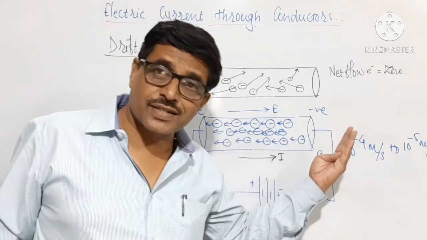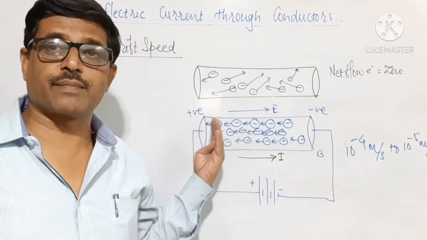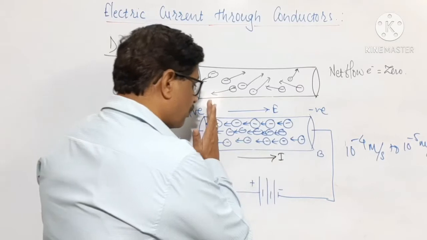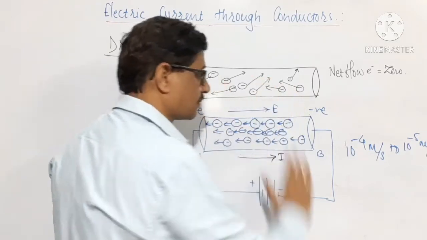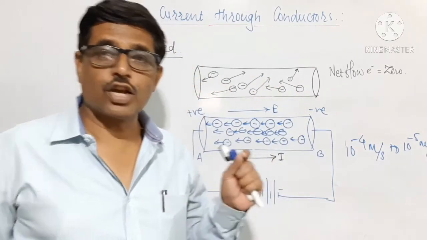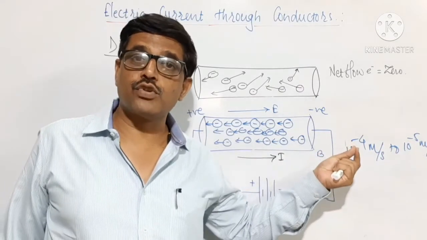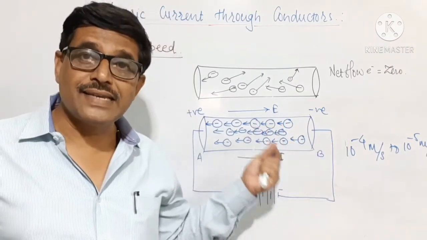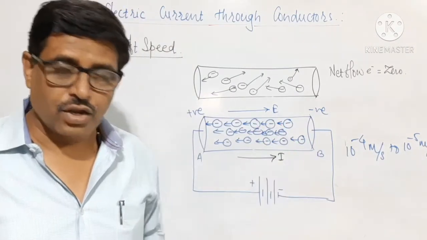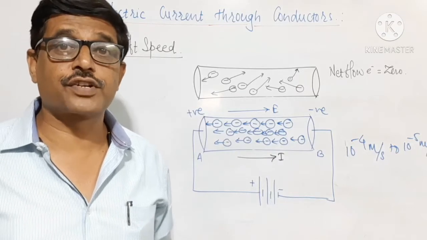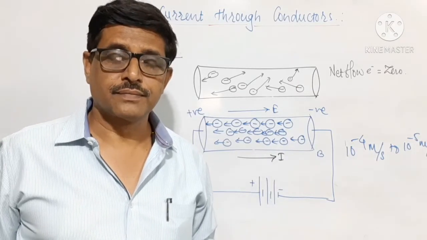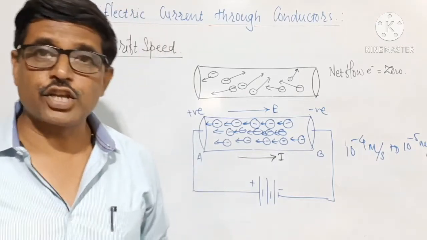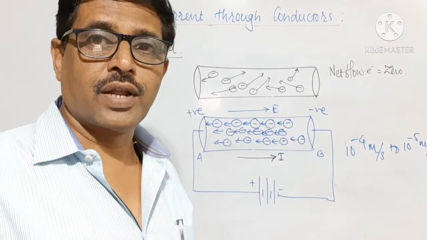And because of this drift of electrons towards the higher potential, a constant current flows through every part of the conductor. The velocity with which a free electron moves in a conductor is the drift velocity, or rather we say it is the drift speed. Now hereafter we will derive an expression for the drift speed of electrons.